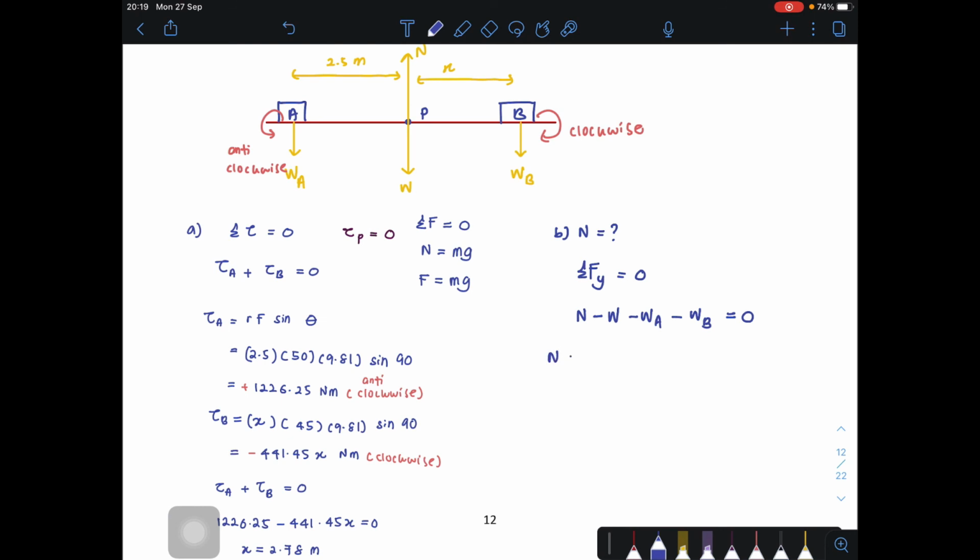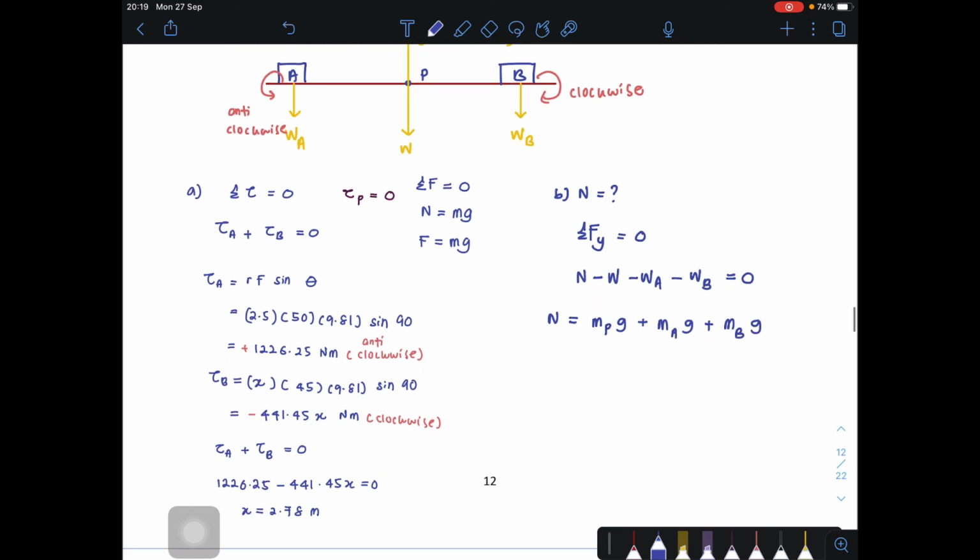So here N is equal to MPg plus MAg plus MBg. Is it? Yes.